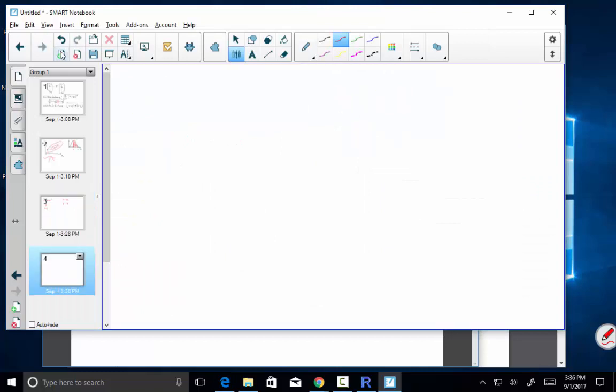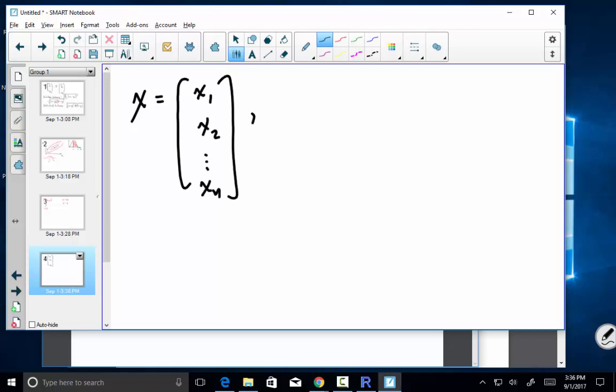Like x is of this form. The transpose operator switches this from being oriented vertically to being oriented horizontally. The values themselves are not changed. It's just the orientation.